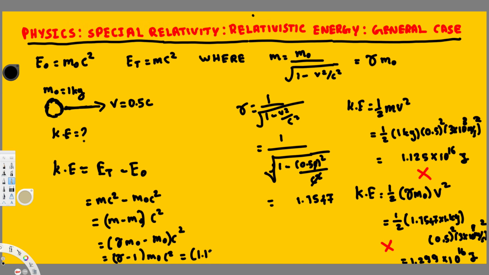So we can plug it in right here. This is going to be (1.1547 minus 1) times m naught rest mass, that is 1 kilogram, times c squared. c squared is (3 times 10 to the power of 8) squared, and if you calculate this one you will get this value, that is 1.392 times 10 to the power of 16 joules.